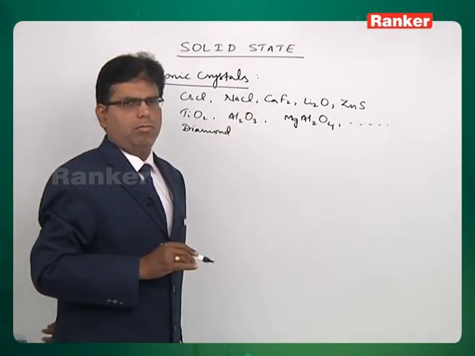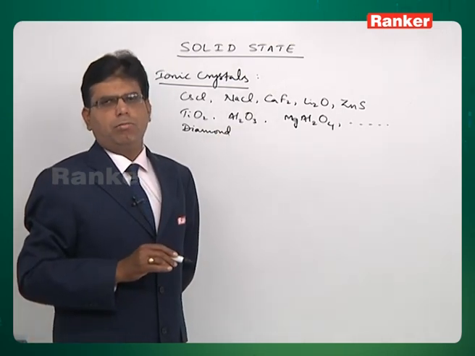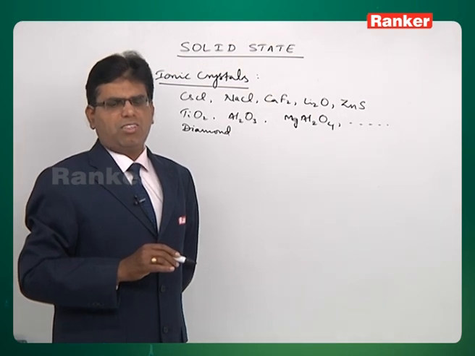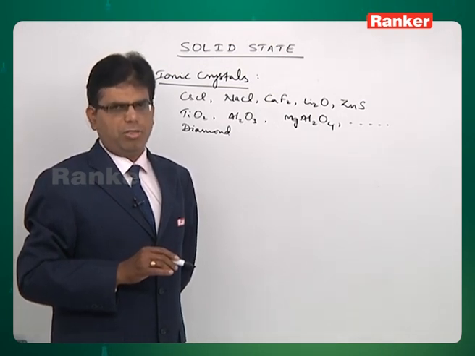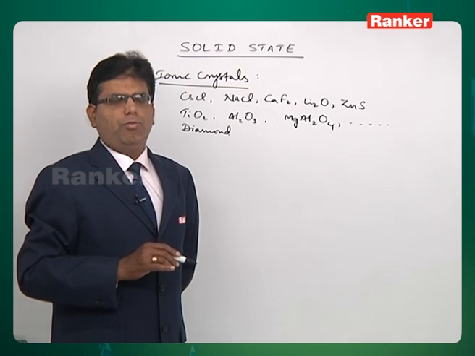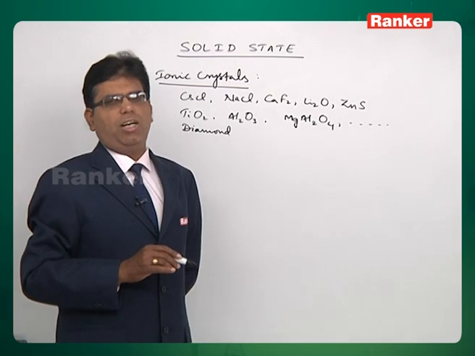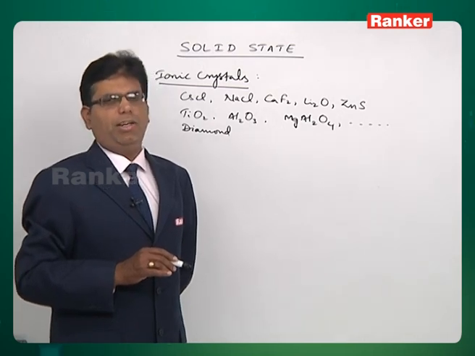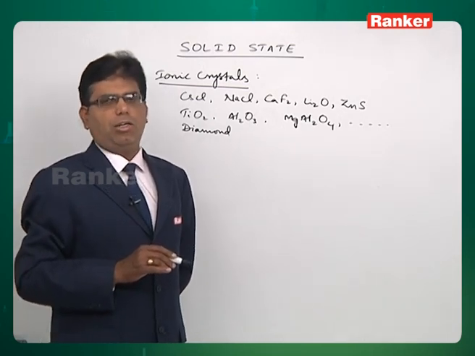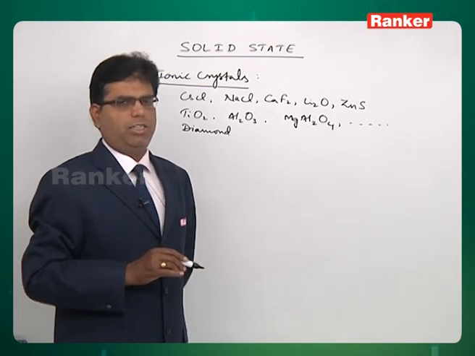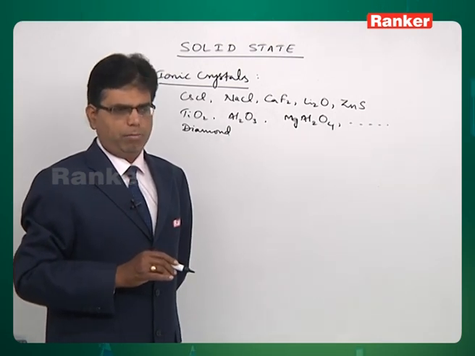All these are the most common examples. In what kind of crystalline structures do they exist, which positions, what is the type of the lattice, which ion will form the lattice, which ion occupies the void, and what type of void that ion occupies, whether it will occupy a tetrahedral void or octahedral void.